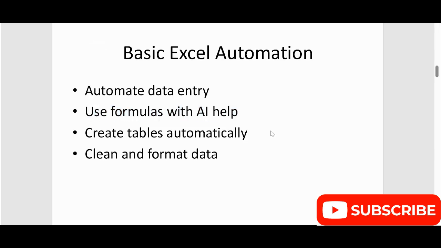Directly you can just type in the Copilot, like, please generate one formula to sum all this data and give one final result. So Copilot will directly generate a formula for this and you can just add that formula and generate the output. So in this way it can help you.